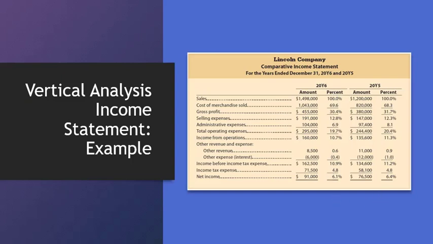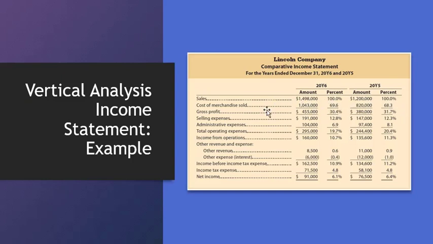And what this is really helpful for is when we're comparing year-over-year performance, or when we're comparing ourselves against competitors. For example, let's look at this company here. All right, let's see what happened year over year from year 5 to year 6. Well, we see that sales went up. Okay, that's a good thing, right? But let's look at what happened to our component percentages.